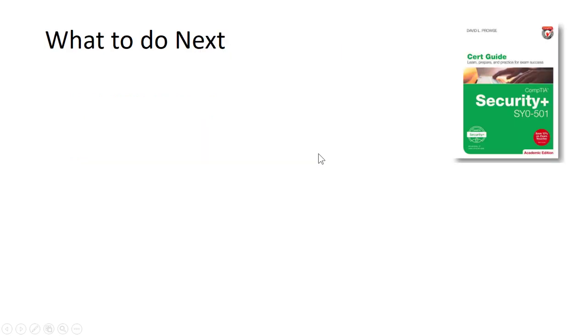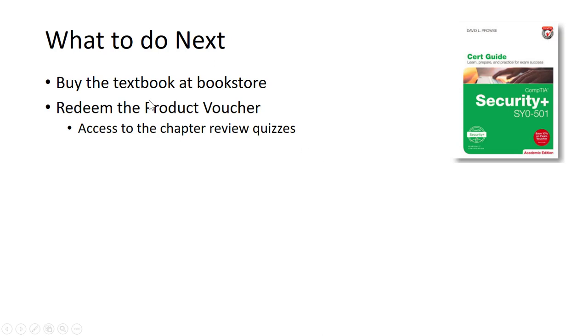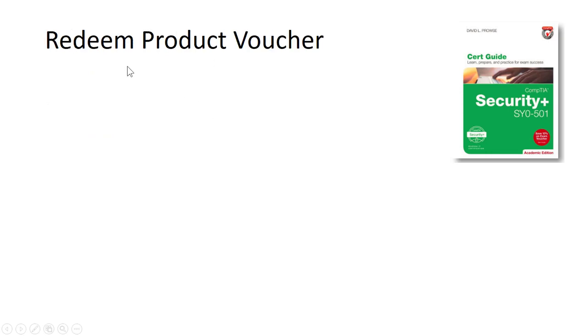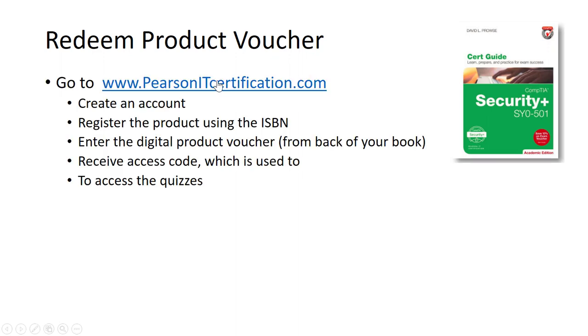What to do next? The next thing you should do is go to the bookstore and buy the textbook because it contains a digital product voucher that you use to redeem to access the chapter review quizzes. To redeem the product voucher is a little tricky because there are quite a few steps. You go to PearsonITCertification.com. You create an account. You register the product using the ISBN. You enter the digital product voucher from the back of the book.